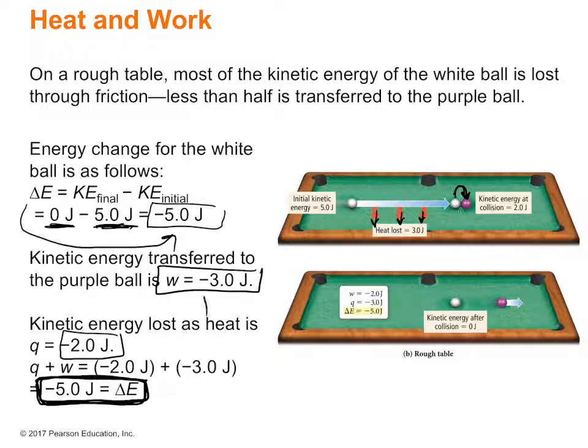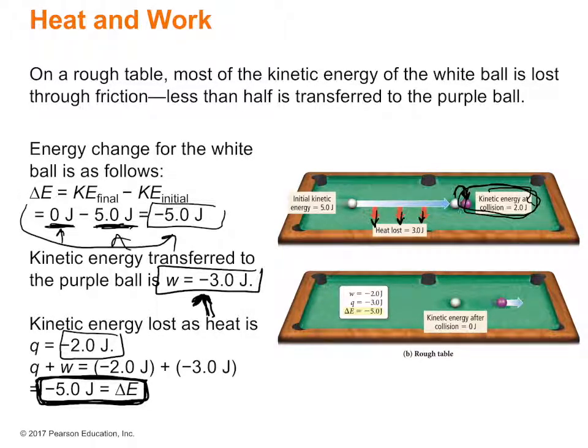So how do we get this W, if you may ask? First of all, we know it's going to be negative. Why? Because there's work done by the system. We ended up with 0 joules, and so we know it's going to be negative. So what we do is we take the kinetic energy after the collision and subtract it from what we started with.